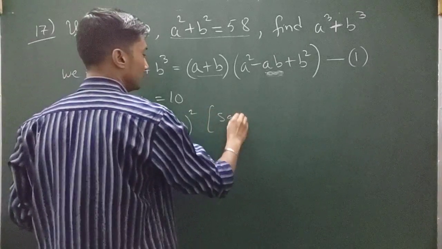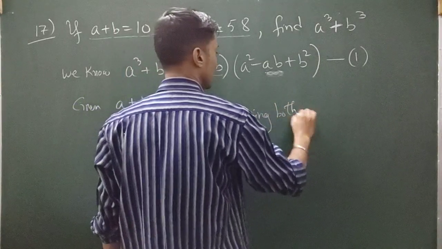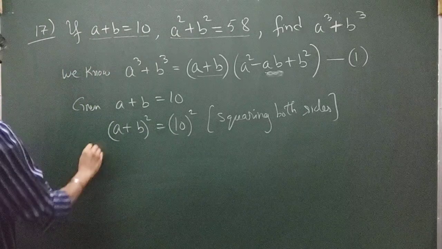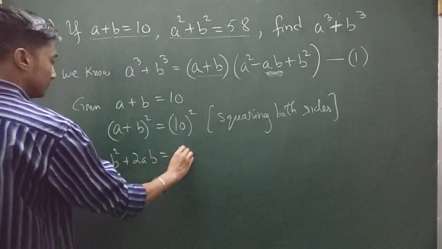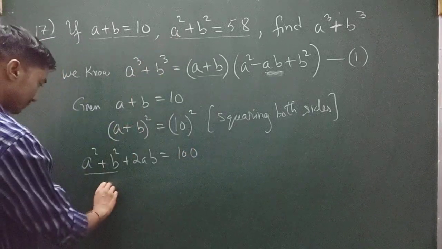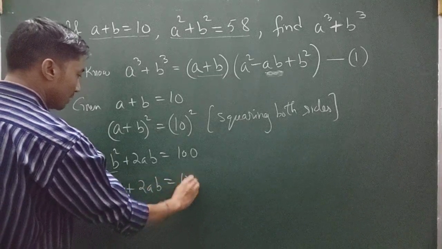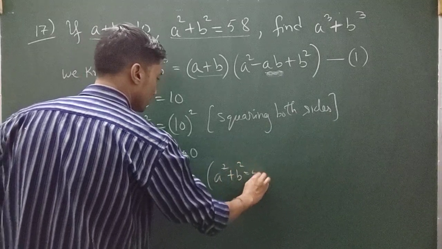Squaring both sides, in that case, a squared plus b squared is already given as 58, plus twice ab equal to 100.